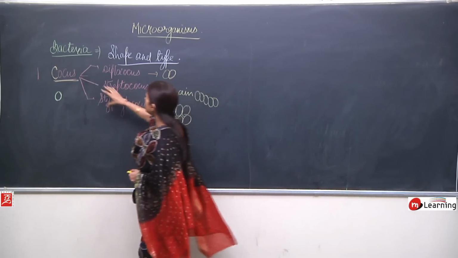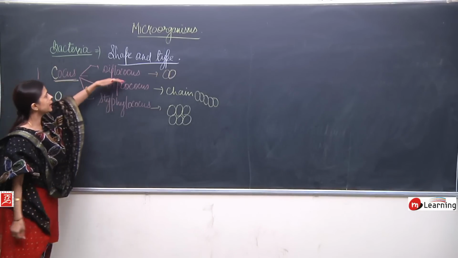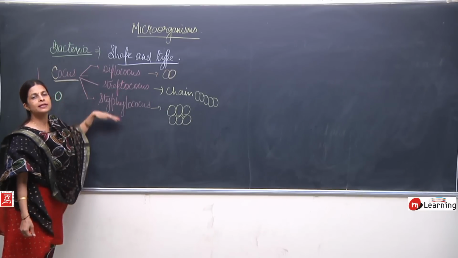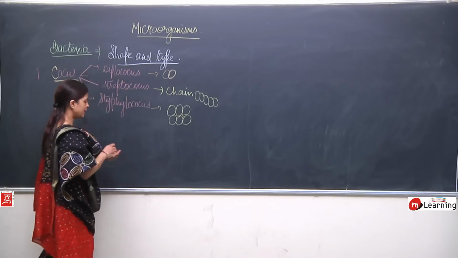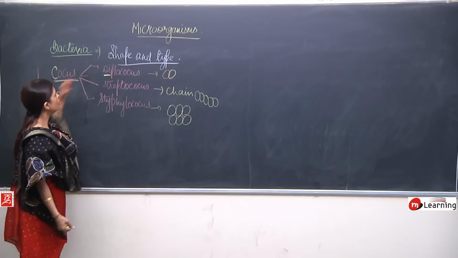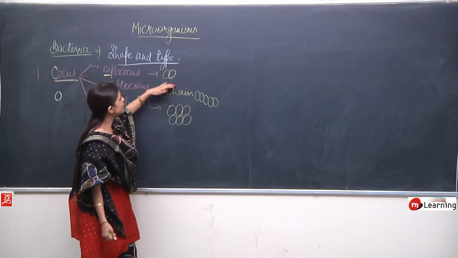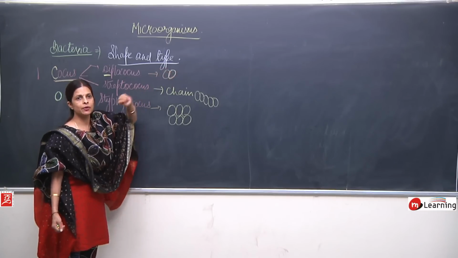Coccus can be again divided into certain categories like Diplococcus, Streptococcus and Staphylococcus. This one, as the name suggests, di, means two will be together, and here you can see that I have drawn two, that means two bacteria will be together.